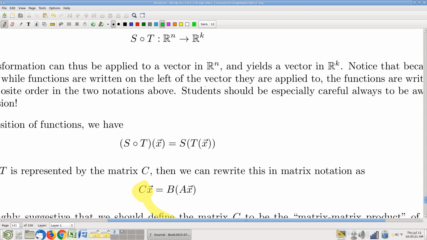Well, here's the thing. If T is represented by A, therefore if the action of the function T is represented by multiplication by A, and if the action of the function S is represented by multiplication by B, then this kind of unavoidably has to be that.